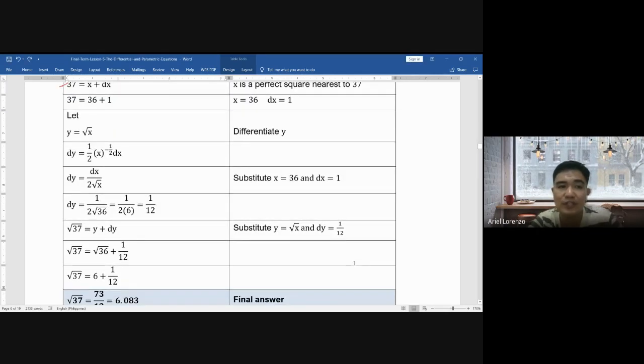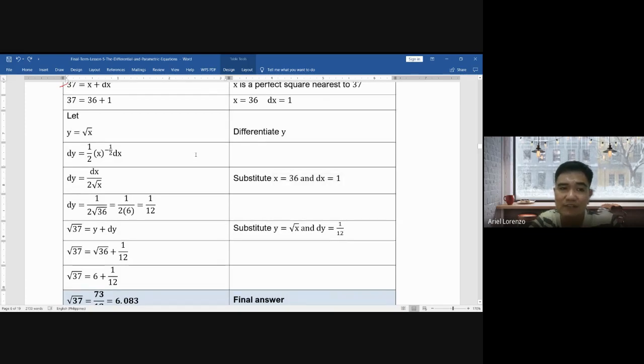Ngayon, yung given mismo, class, na square root of 37, gawin mo siyang let y be equal to square root of x. From there, makukunin mo yung differential niya, class. Differential ni y using square root of x. Di ba? So, ang differential niya, class, kunin mo muna ang derivative ni square root of x.